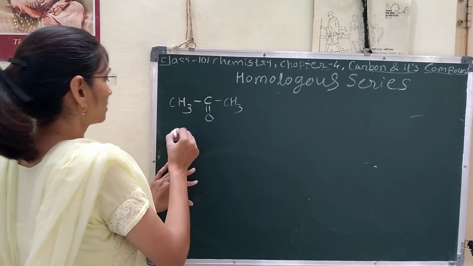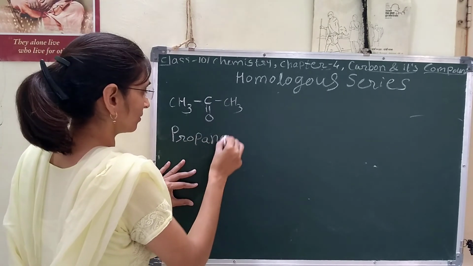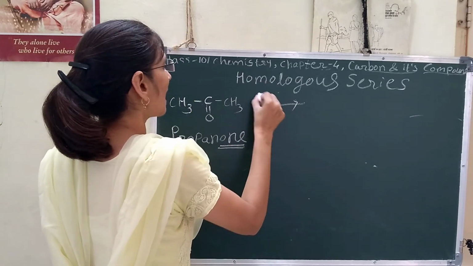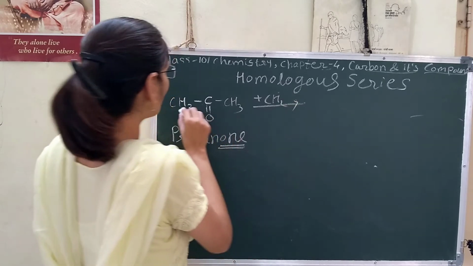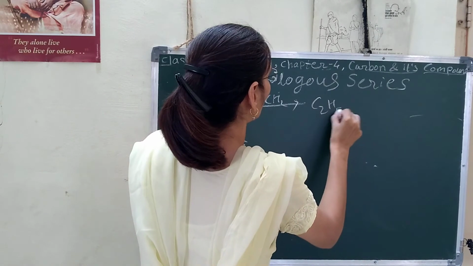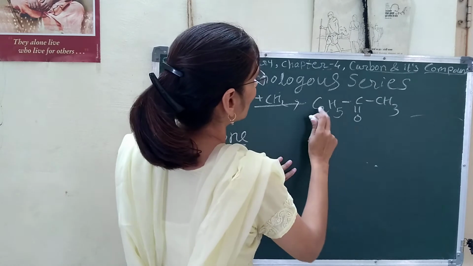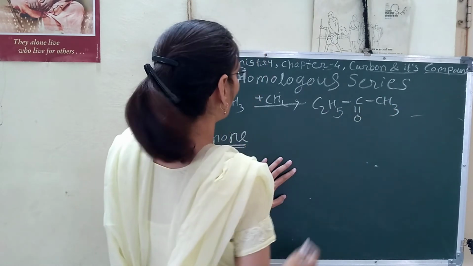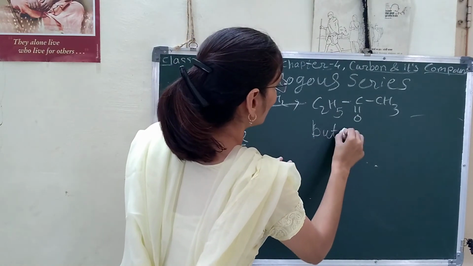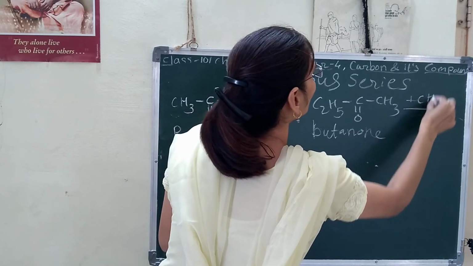For ketone, the suffix is ONE, so propanone will be the first member. Then I will add one CH2. Here I have to add C2H5, then C double bond O, again CH3. That is 2 plus 1, 3 plus 1, 4, so butanone. And similarly the series will go on.